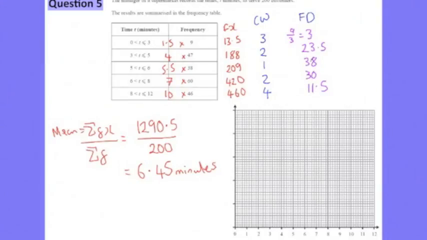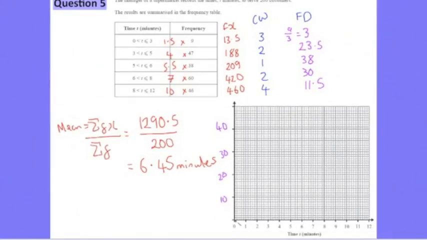38, 30, and 11.5. Here are our frequency densities. Our highest value is 38. Plotting this here in 10, 20, 30, and 40 will give us a good scale. First, then take your ruler to do the bars. Our first one goes from 0 to 3, and we have a frequency density of 3.